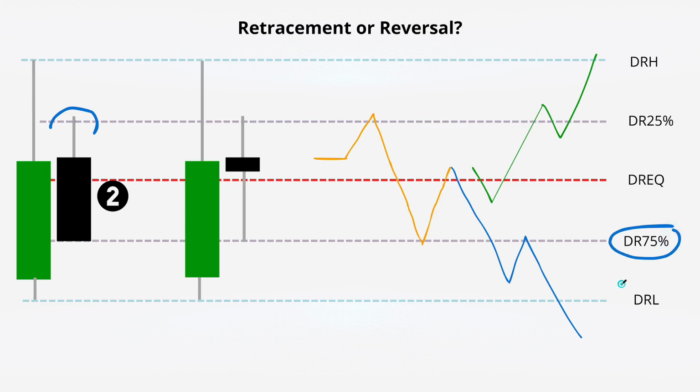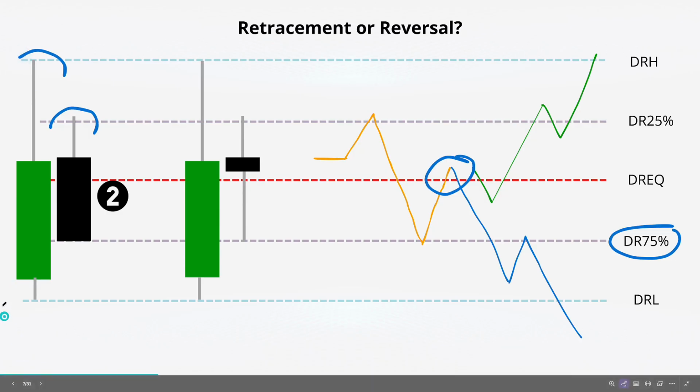So in this moment, price returns to the equilibrium here. And the $1 million question: is this one retracement or one reversal? Because price is inside the dealing range or power of three dealing range, high, low.